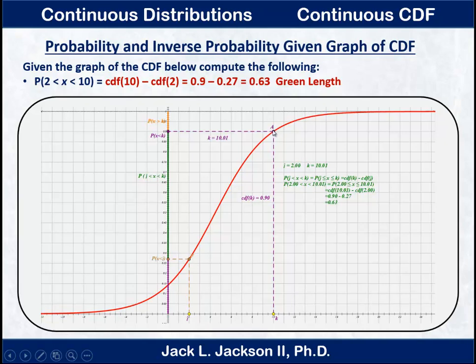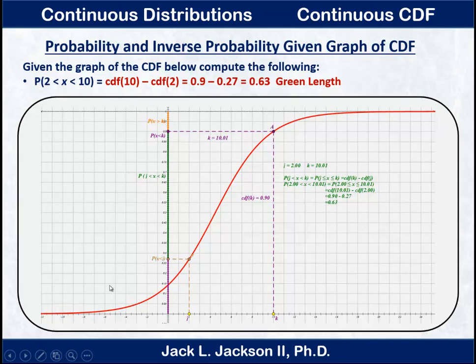And so the vertical distance between these 2 points, that is this green distance, is the probability that x is between 2 and 10. So that green line segment from here to here has length 0.63, and that is a probability.